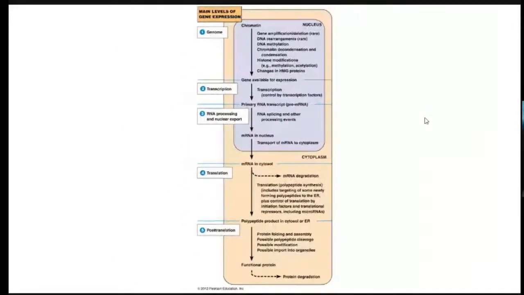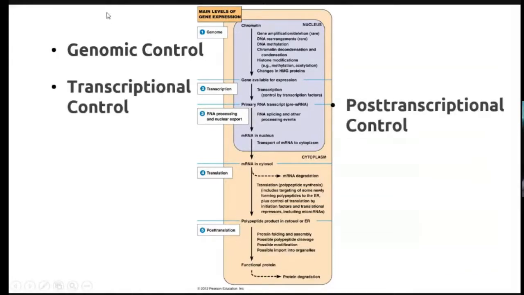So, bakit sabi ko kanina may 3 levels, diba? Kasi, ito, genomic control. Itong genomic control, dito lang siya sa level of the DNA. Sa level lang ng genome. So, yung changes lang sa DNA, yun yung nasakop ng genomic control. Yung second, yung transcriptional control. Transcription, meaning yung transcribe ng RNA ay ng DNA into RNA.